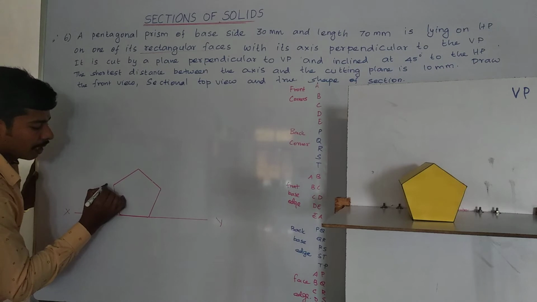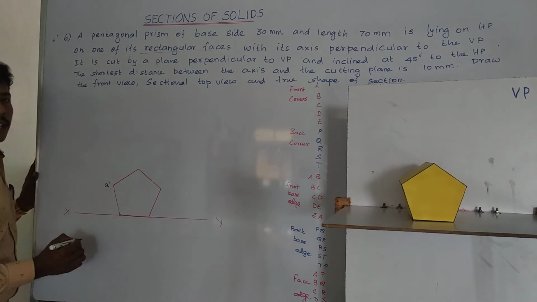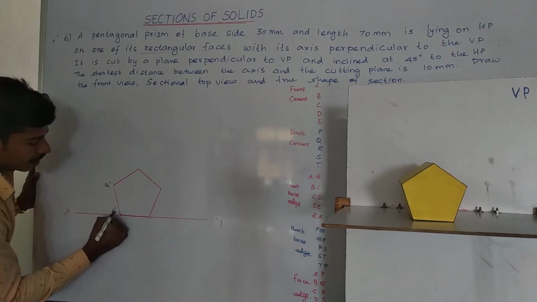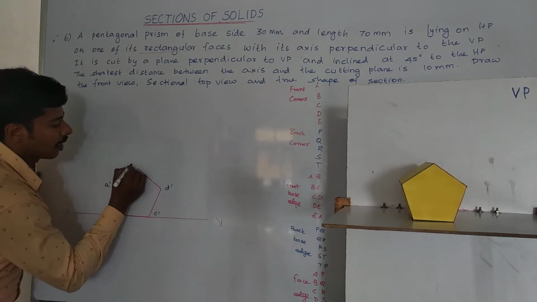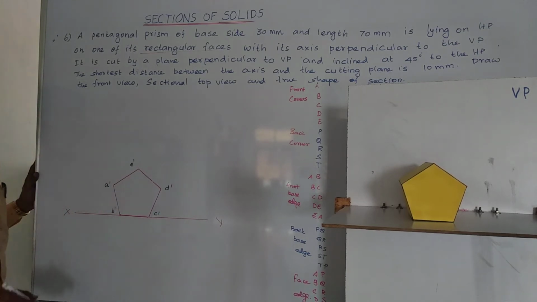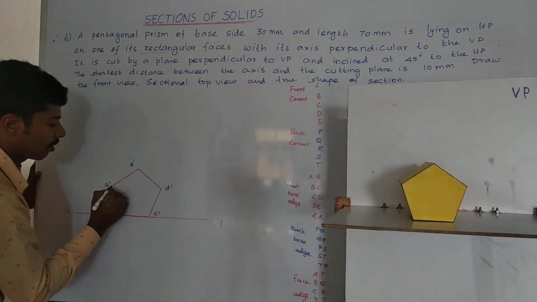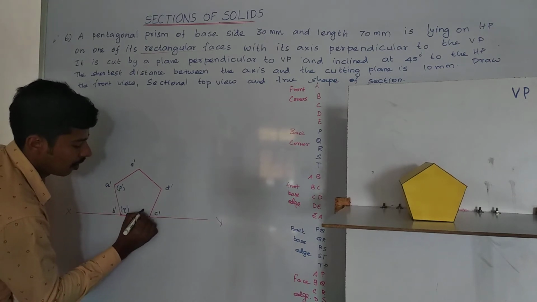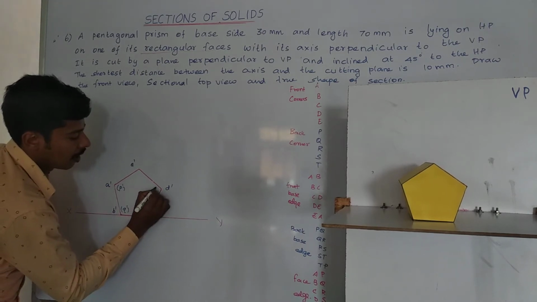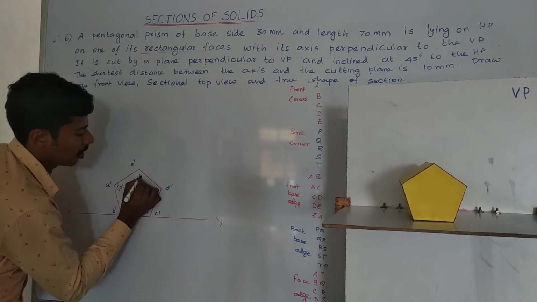So the front corners are A dash, B dash, C dash, D dash and E dash. Then the rear corners P, Q, R, S, T are hidden: P dash, Q dash, R dash, S dash and T dash.